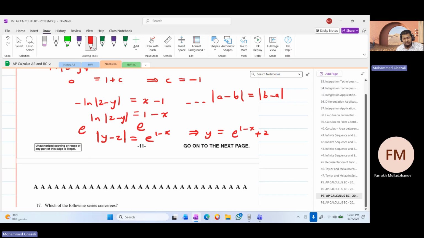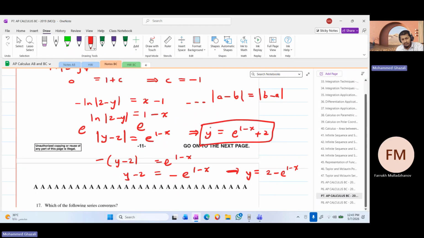If I drop the absolute value, there's another negative outside, which is e to the power 1 minus x. If I multiply this side by negative e to the power 1 minus x, y minus 2, take the 2 over. This implies your other answer is 2 minus e to the power 1 minus x. So there are two solutions to this differential equation.